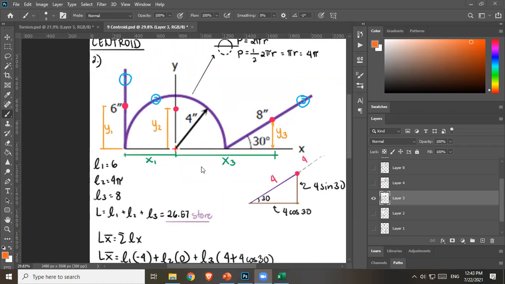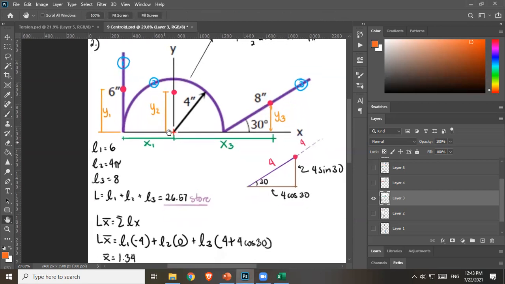If your segments or distances are to the left or below your reference axis, they are negative. Your length 1 is to the left of your y-axis, that's why this distance will be negative. That distance is this length, which is also the radius of this arc, which is 4. That's why x1 is 4, and again, it's to the left, so negative 4.